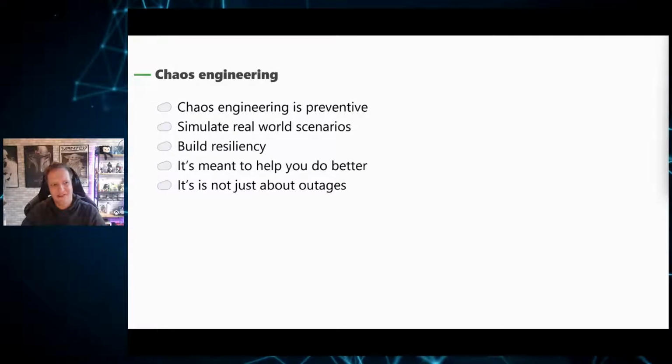If we talk about chaos engineering, first of all and most of all, it's preventive. The whole idea behind it is to simulate DR scenarios and test the resiliency of your solution.